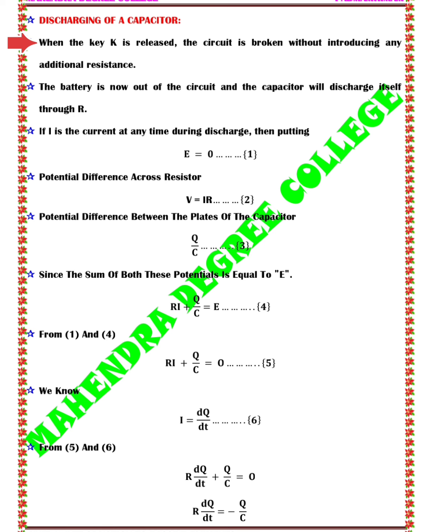Key K released usually means that a switch or key is opened. Circuit is broken means there is no longer a closed path for current to flow.